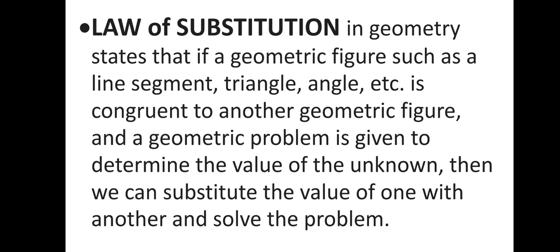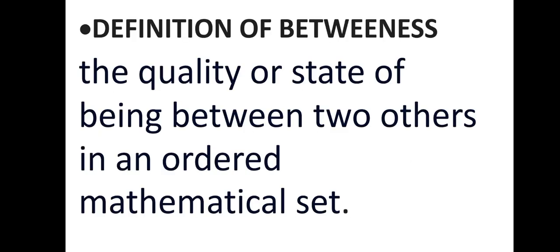Next, law of substitution. I already discussed this to you. If two quantities are equal, then we can substitute them at any time. Definition of betweenness: the quality or state of being between two others in an ordered mathematical statement.